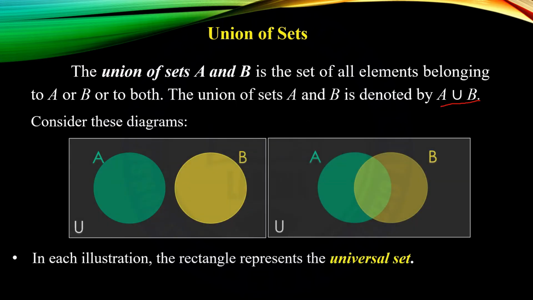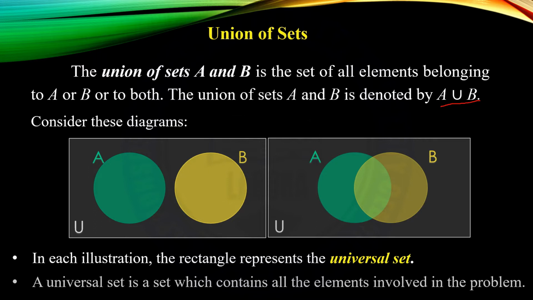In each illustration, the rectangle represents the universal set. A universal set is a set which contains all the elements involved in the problem. The first illustration refers to mutually exclusive events or disjoint sets in which the two events do not have the same element or no common outcome.